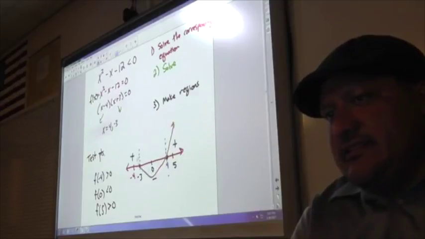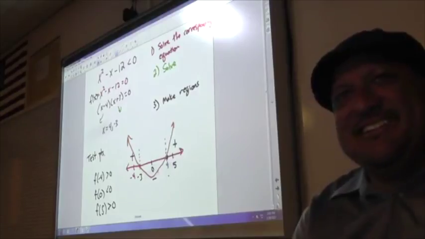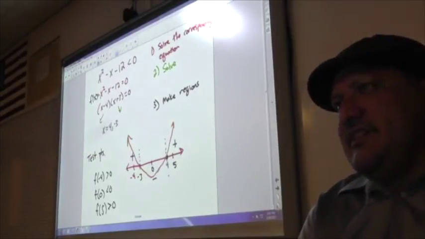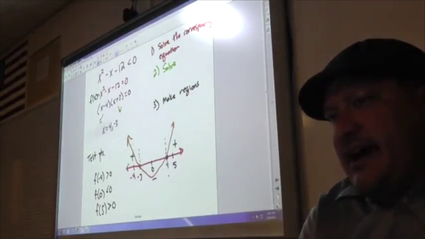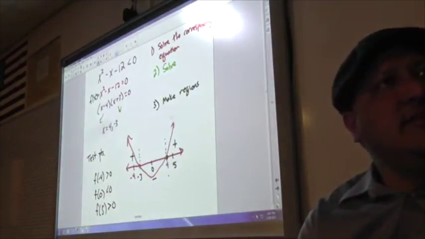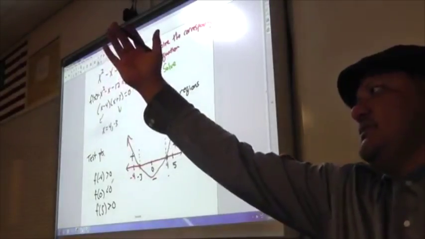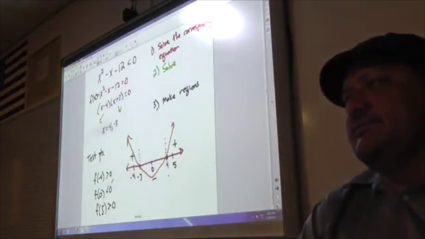It secretly looks like this, right? There's a tunnel right there. So I know that the parabola is positive here, it's negative here, and positive there. So without even doing the test points, just by knowing the shape, I'm good.